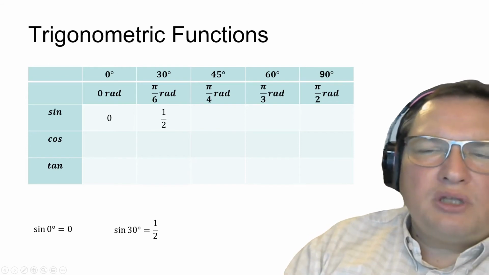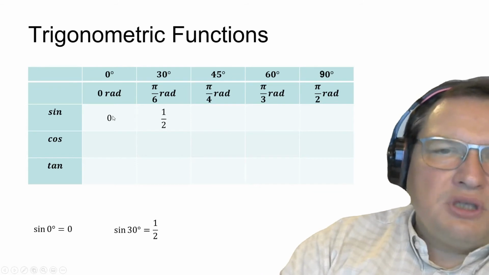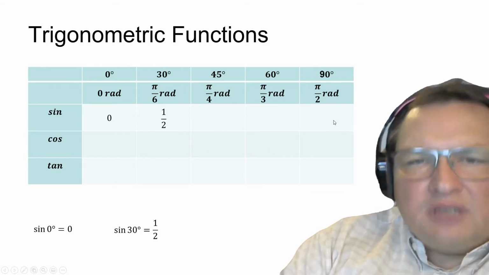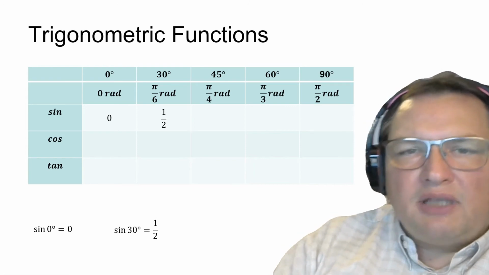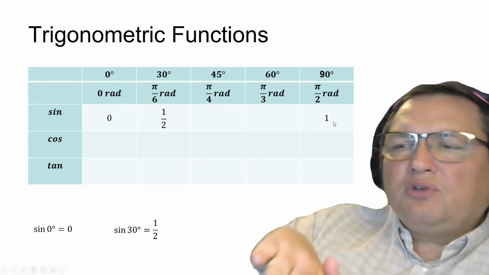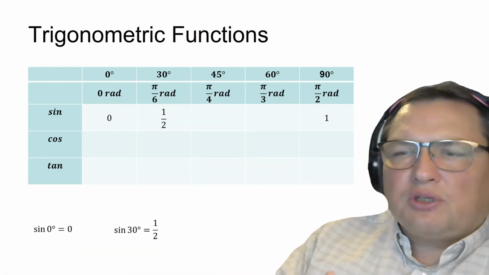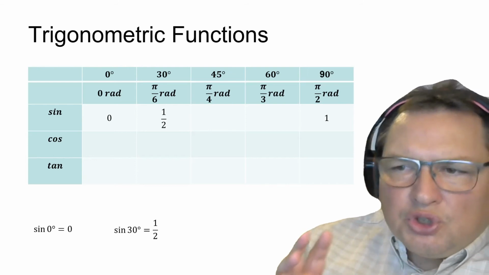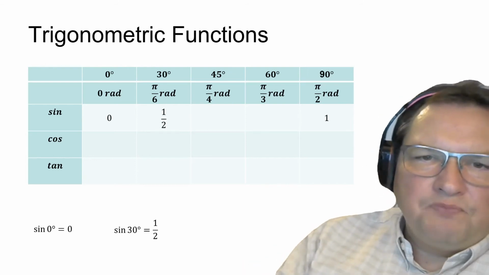Now we can make an educated guess. If sine of 0 was 0, then sine of the right angle, 90 degrees or half of pi radian, will be 1. If you remember the shape of the sinusoid, the graph of the sine function, you should guess this reasonably easily.